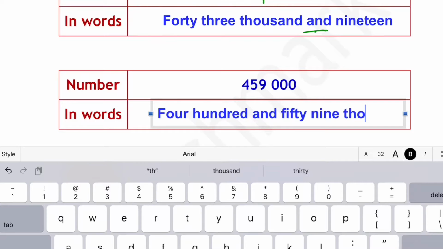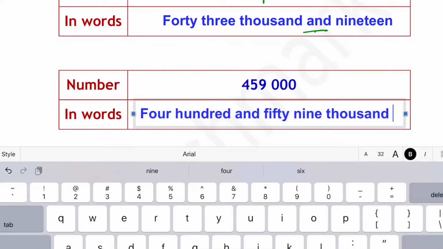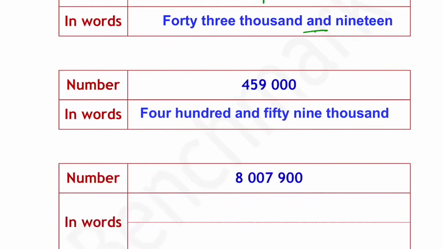And next I have to give the bridge 1000. 459,000, and thereafter nothing, and that's all. So it's 459,000. Last 3 digits are all zeros.